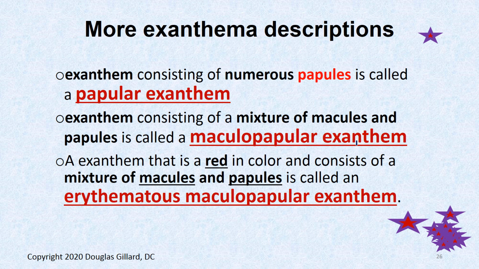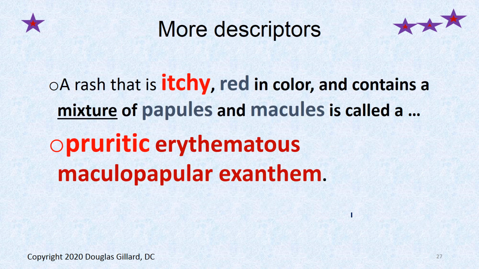Okay, so maculopapular exanthem. Now, what if it's red in color and it's a mixture of macules and papules? Well, then you got yourself an erythematous maculopapular exanthem. See how that works? How about let's add one more descriptor in there. What about itchy? What's the word for itchy?